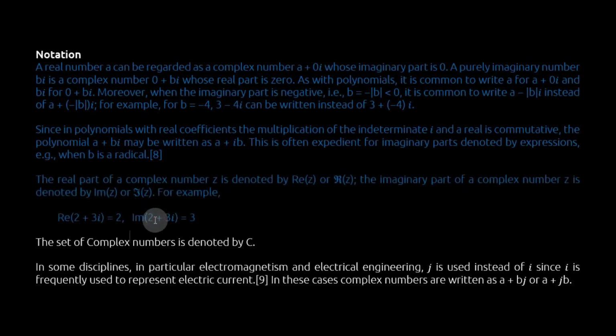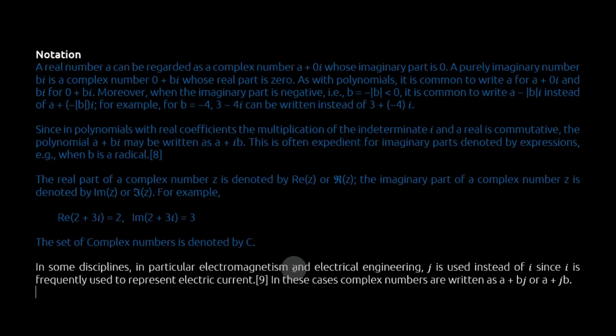So we'll give it blue again. The set of complex numbers is denoted by C. Okay, it's just a set. We are told that its set is C. In some disciplines, in particular electromagnetism and electrical engineering, j is used instead of i, since i is frequently used to represent electric current.